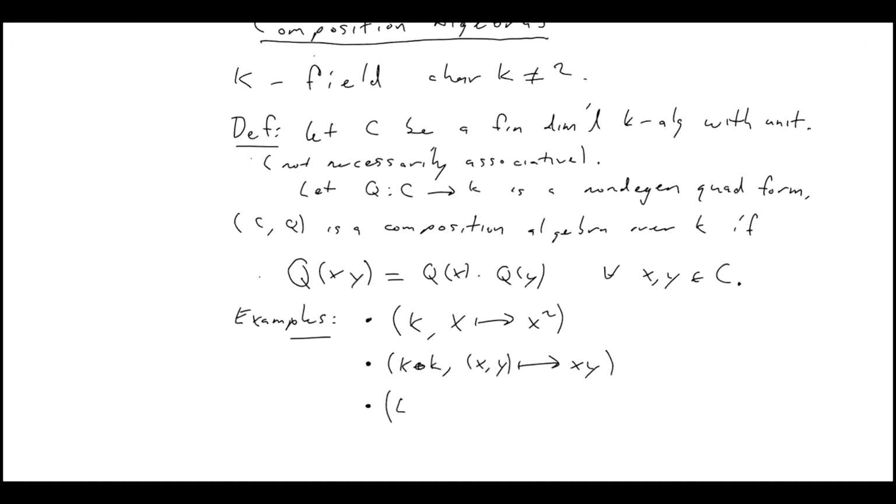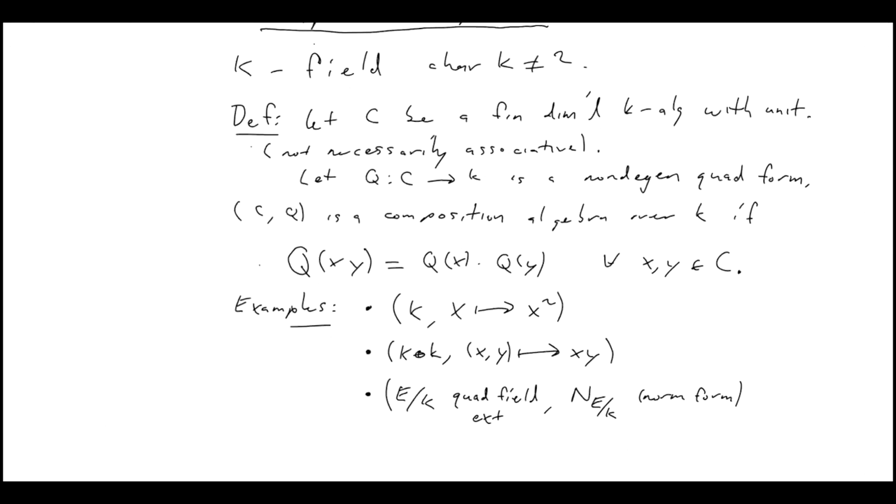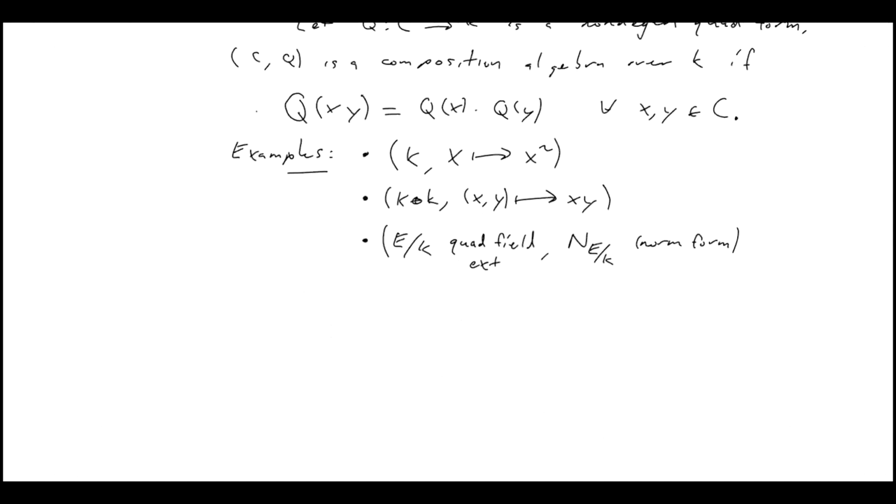We can take a quadratic field extension, and then our quadratic form is going to be the norm form. And in fact, that's all of the 2-dimensional examples.